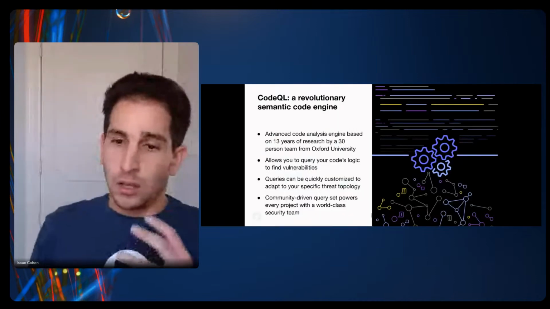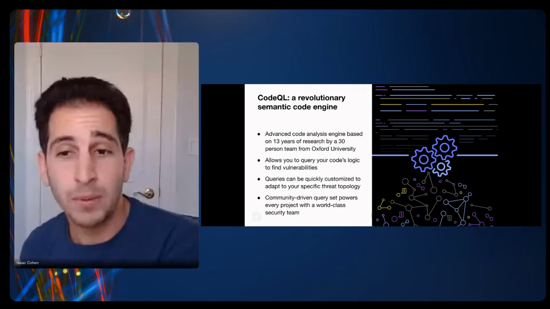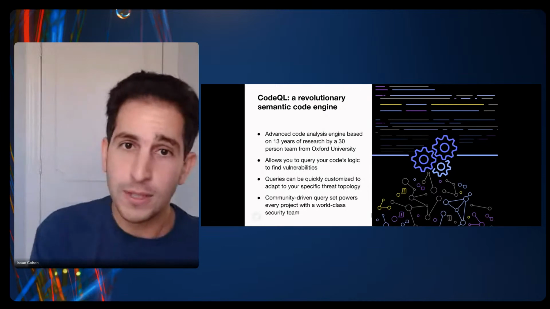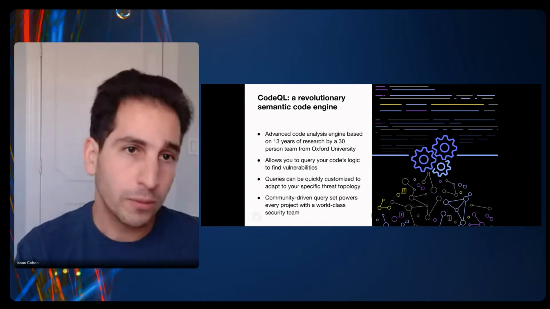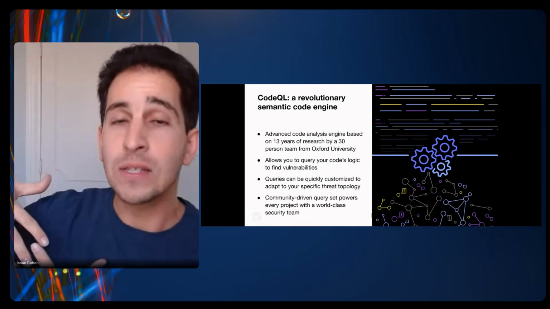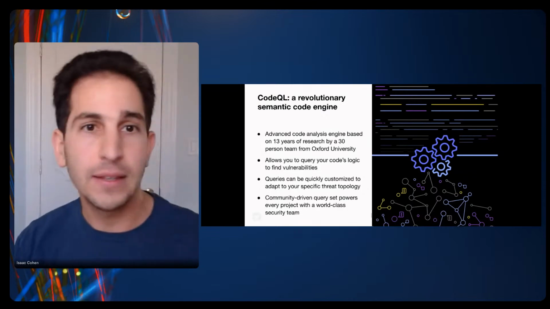For those who have tried out GitHub Advanced Security, or have public open source projects and have tried out code scanning, you may hear this term CodeQL. CodeQL is the engine behind GitHub code scanning that actually runs the nitty-gritties.